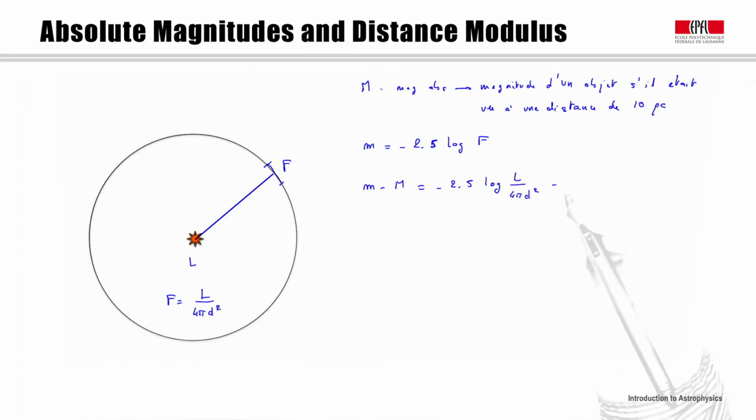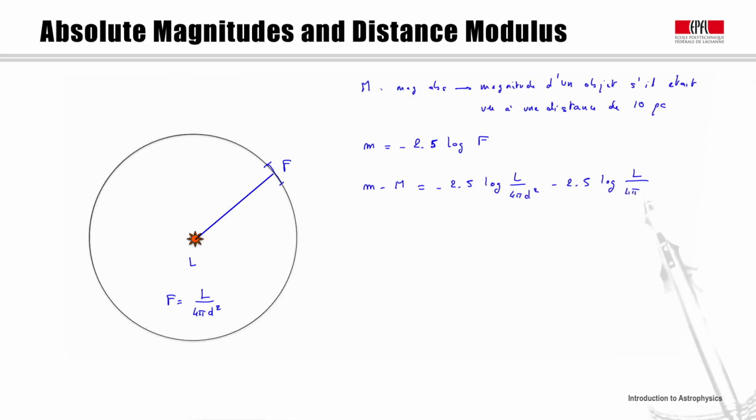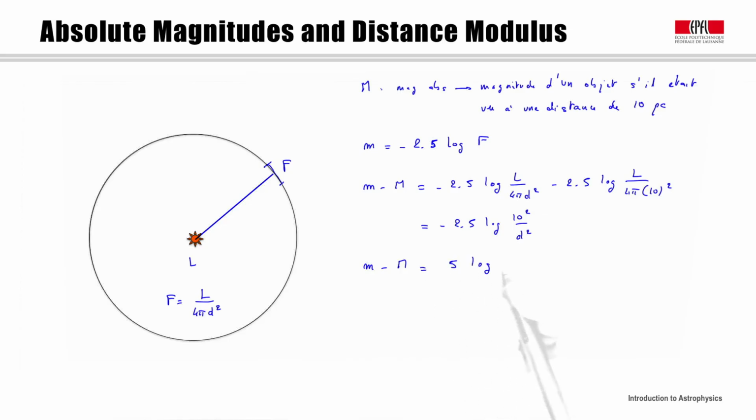And the absolute magnitude, as we said, is the flux of the object if it is seen from 10 parsecs away. So we use here already the right units, 4 pi times 10 squared. Now, we see that this is equal to minus 2.5 log of 10 squared over d squared. In other words, m minus M is equal to 5 log d minus 5.